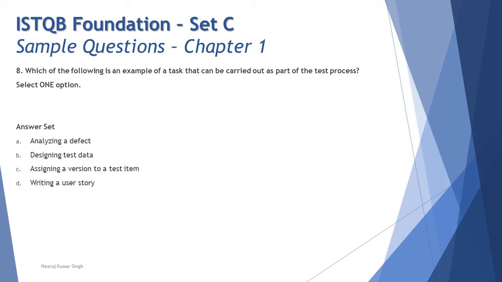But what about A? A says analyzing a defect, and analyzing a defect is not a responsibility of the tester or even a task of the test process. It is a part of the entire journey of the software development lifecycle, where a defect is reported by a tester, but analysis is done by a developer.